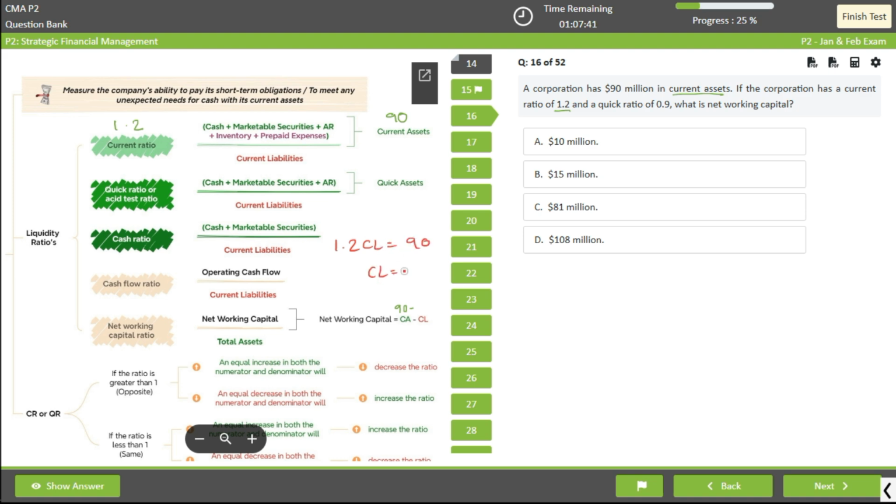Current liabilities is equal to 90 divided by 1.2, which is 75. Now the current assets were 90 and the current liabilities are 75. So 90 minus 75 equals 15 million, which is option B.